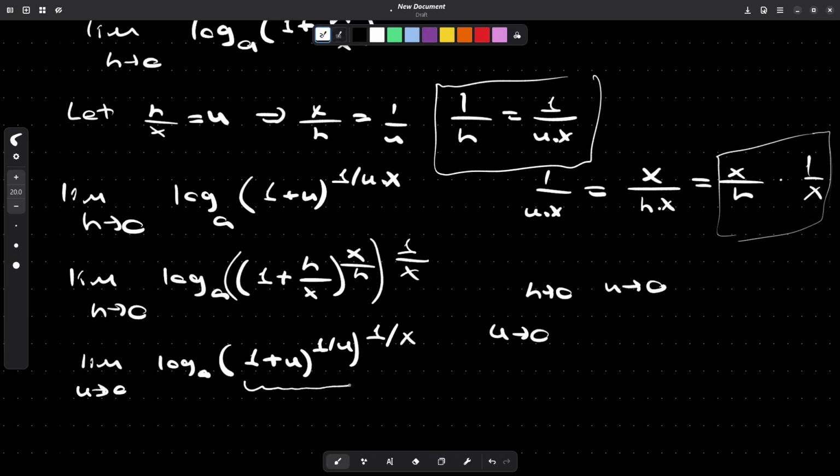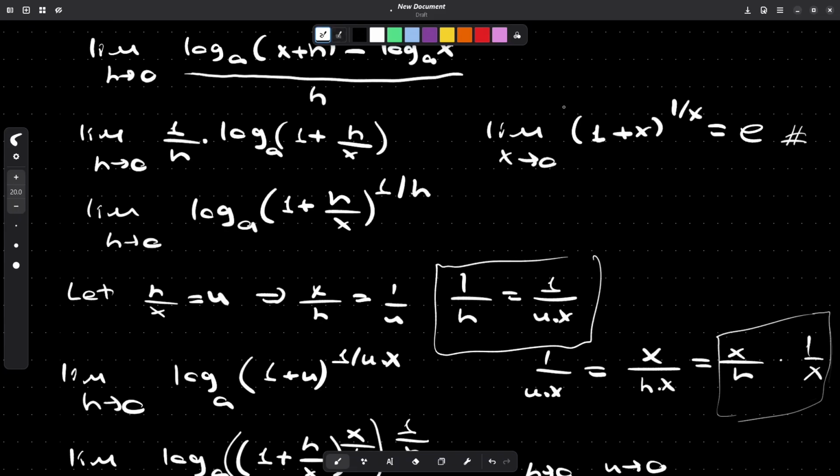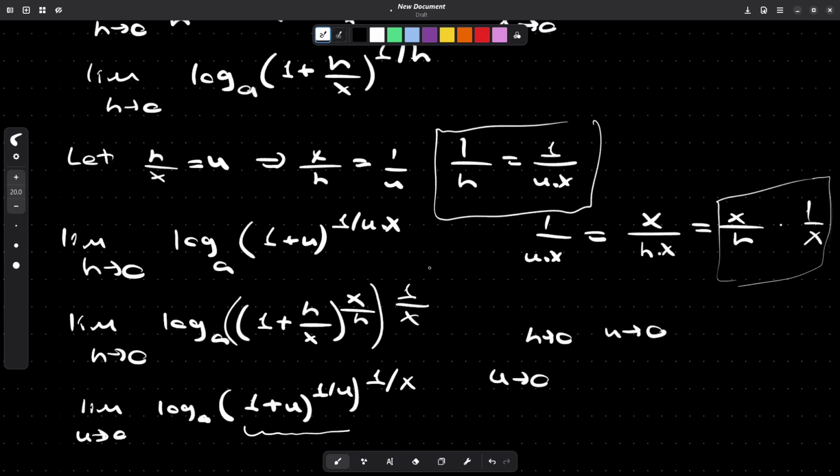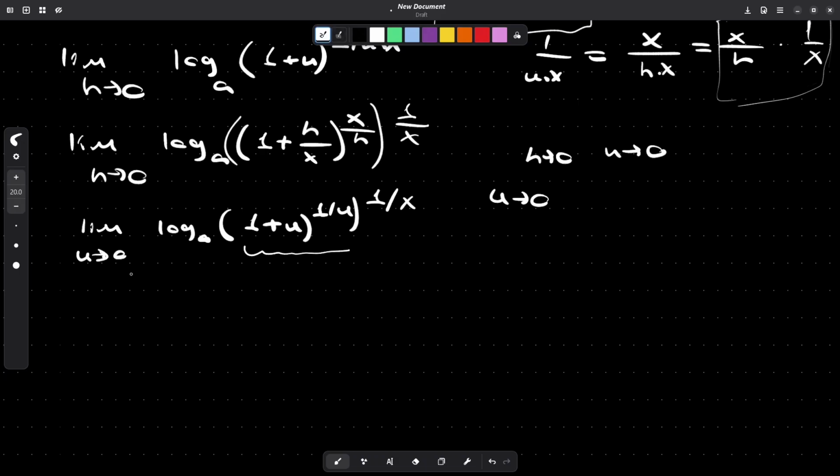I can see from here I got the famous limit that I know before, which is equal to e. And there's no other u in this limit. Limit of log base a of e to the power of 1 over x as u approaches 0.